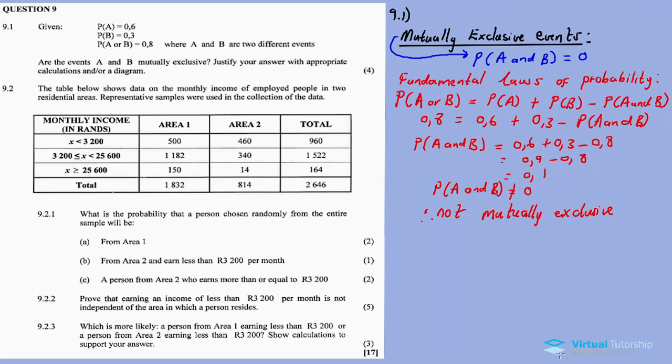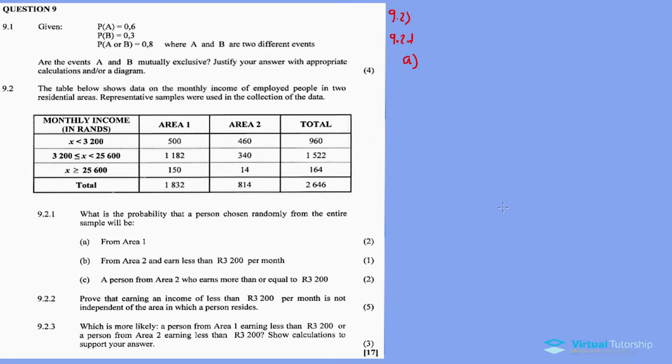So let's do this. 9.2.1a, the probability that the person chosen randomly from the entire sample. So out of 2,646 people in area 1 and 2, how many are from area 1?